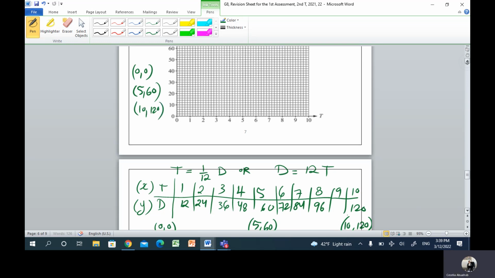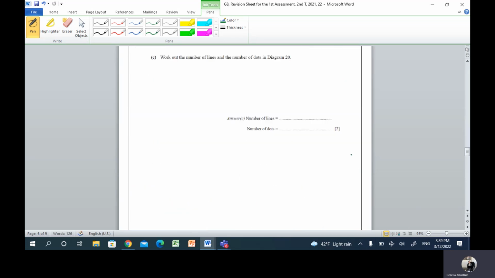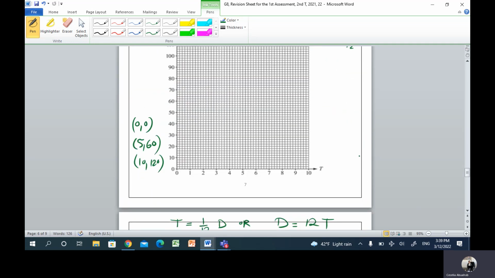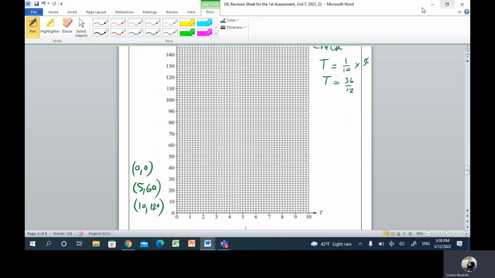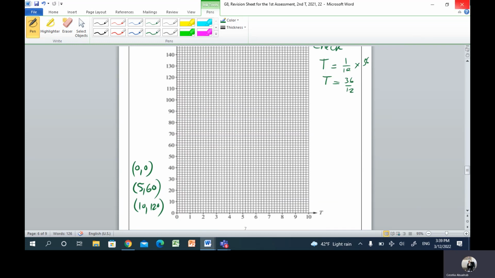If we go up here to the graph, I'm sorry about this. It's really not easy to handle. All right, this is our graph. Now we want to plot 0, 0. This is my 0, 0. And I want to plot 5.